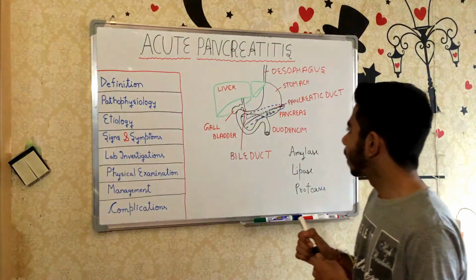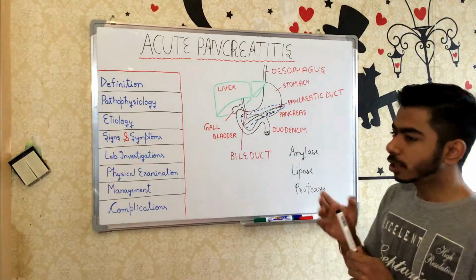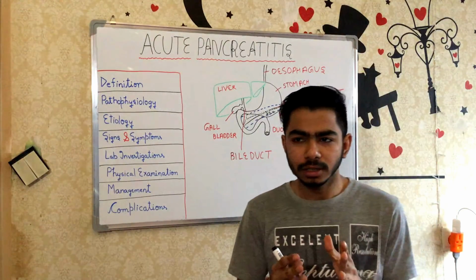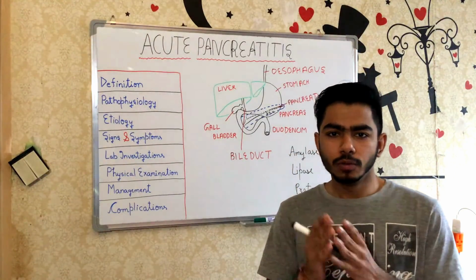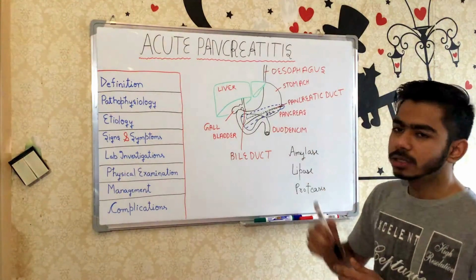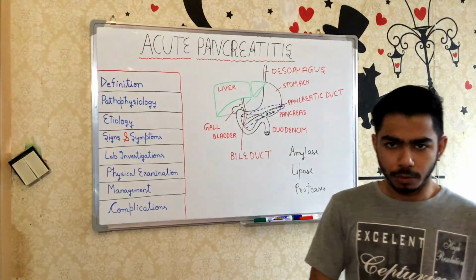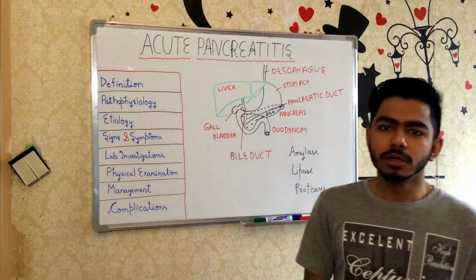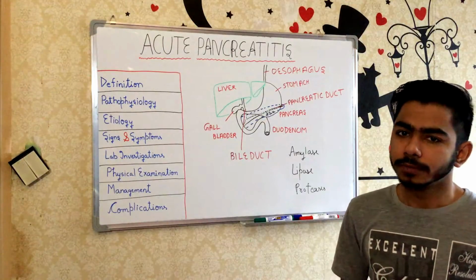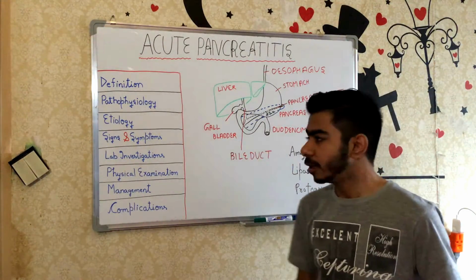So there should be an alkaline medium in the small intestine to properly digest the food. That's why the pancreas secretes bicarbonate ions into the duodenum, which is helpful for the proper digestion of our food. So they secrete the enzymes, and they secrete the bicarbonate ions.